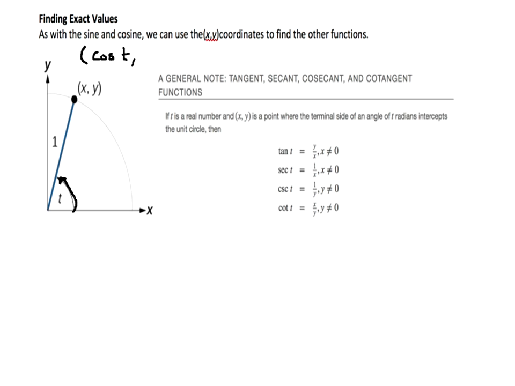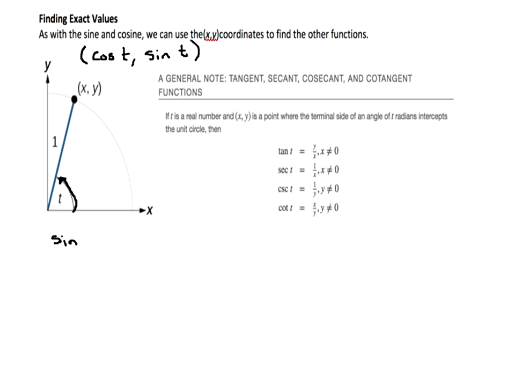So the x value corresponds to the cosine of the angle and the y value corresponds to the sine of the angle. And we can use this knowledge to rewrite all of the 6 trig functions. So I'm just going to rewrite some stuff down here for you.